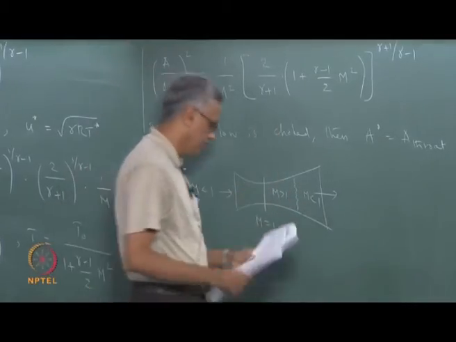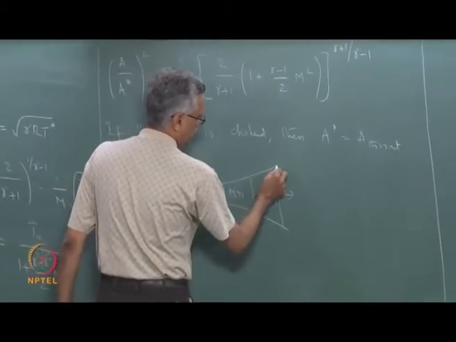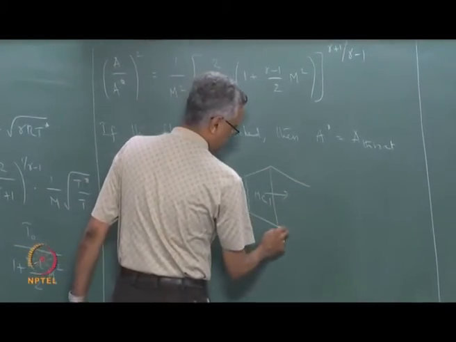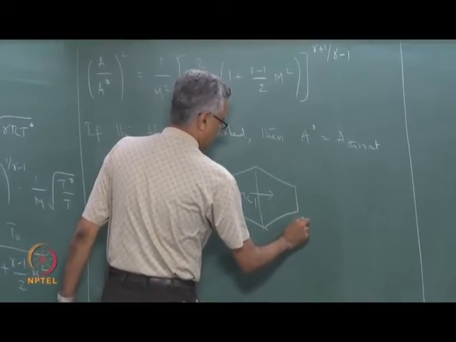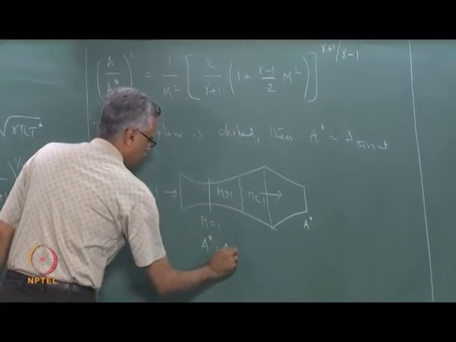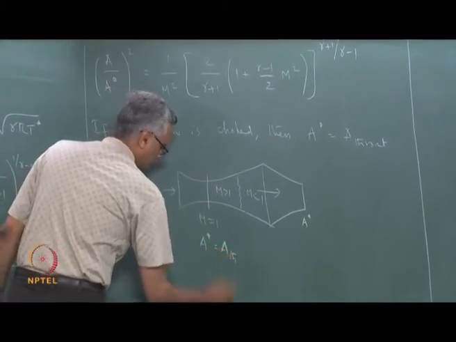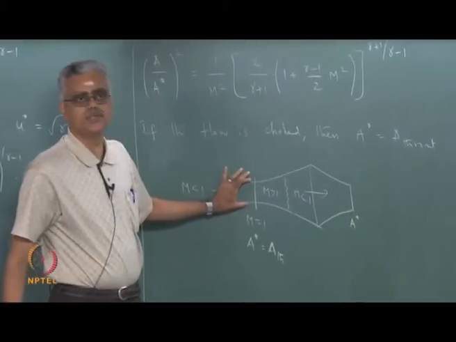So, that means we are actually imagining extending this section in such a way that, for example, the A star for this second case has to be something like this, whereas A star is equal to A throat for this case. This need not be the same as this.